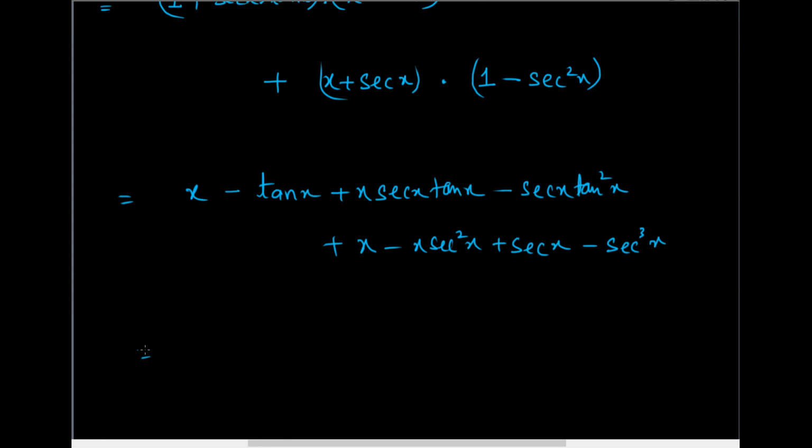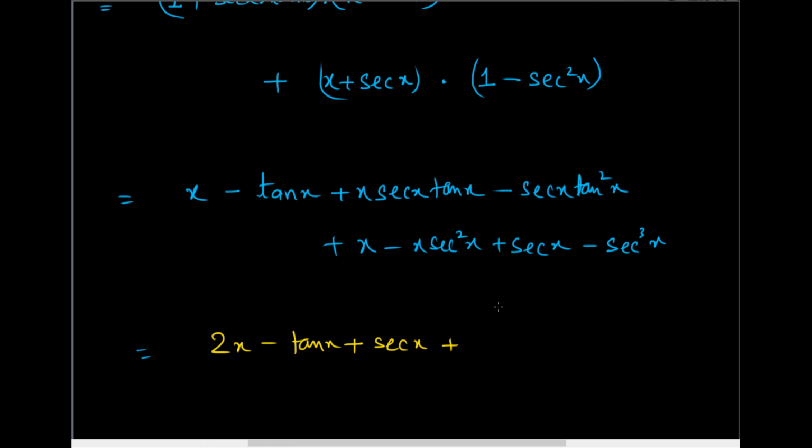So the only thing that we can simplify is we can add this x plus x. So this will be 2x. And other than this, I think everything else will be copied, because no other like terms are there. There is tan x, minus tan x, and then tan x, and then there is a plus sec x.